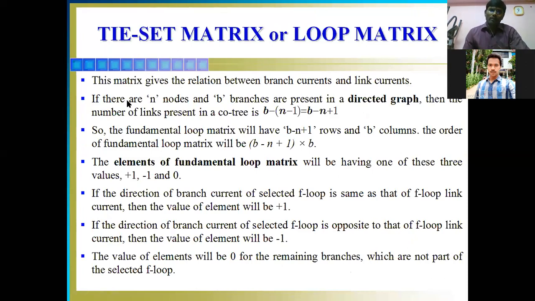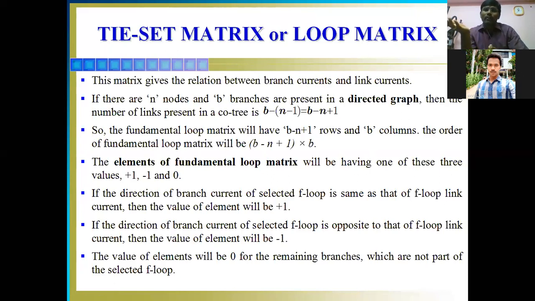Now, there are n nodes and B branches in a directed graph. Then the number of links present in a co-tree is B minus (n minus 1), branches minus twigs, which is B minus n plus 1. So n minus 1 is twigs, and B minus n plus 1 is called links. Here it is a fundamental loop matrix or fundamental tie-set matrix.